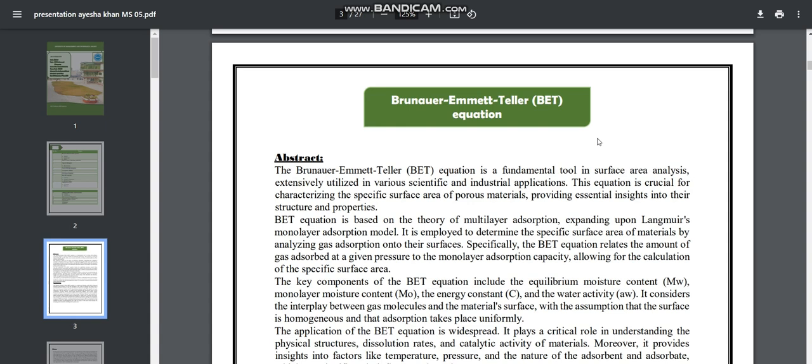This equation builds on Langmuir's adsorption model, and focuses on multi-layer adsorption. By studying gas adsorption on a surface, it is also used to calculate the surface area by relating the gas amounts to monolayer adsorption capacity. The key components include equilibrium moisture content, monolayer moisture content, energy constant, and water activity.